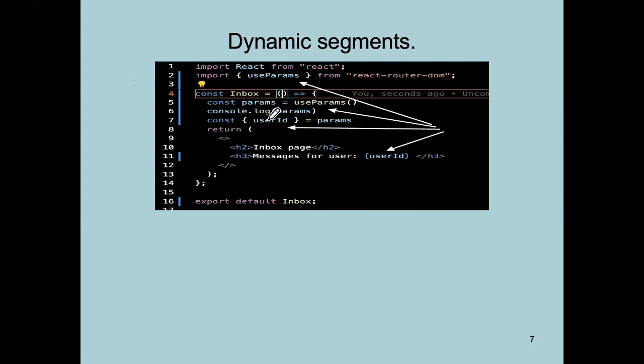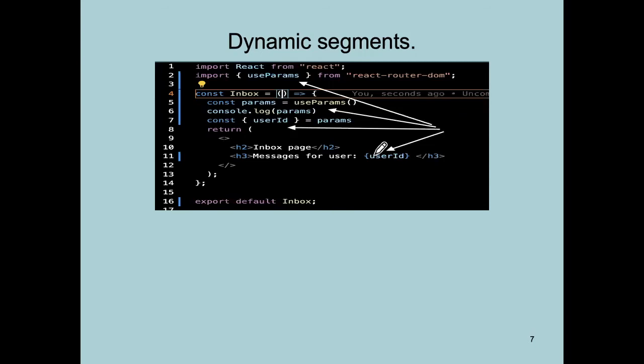The object only has one key value pair because there is only one parameter in my URL path, my URL string, if you like. I could have multiple parameters or multiple variables, in which case params would have multiple key value pairs, and I would extract them using destructuring in the normal way. And all I'm doing with the userId value is outputting it back to the screen, as in here.